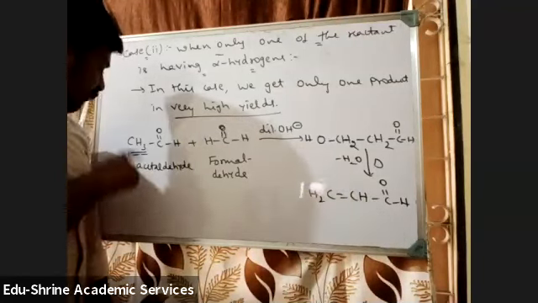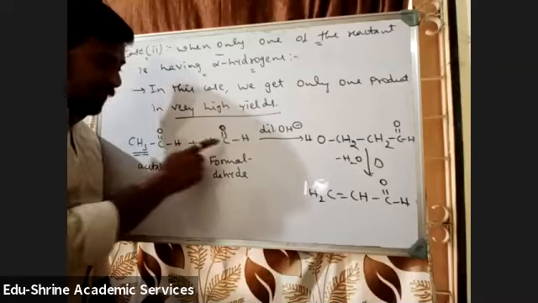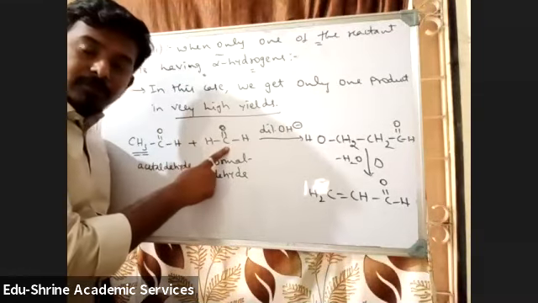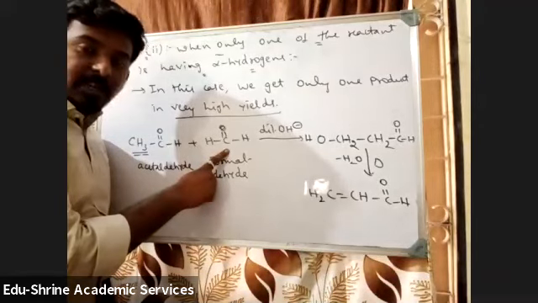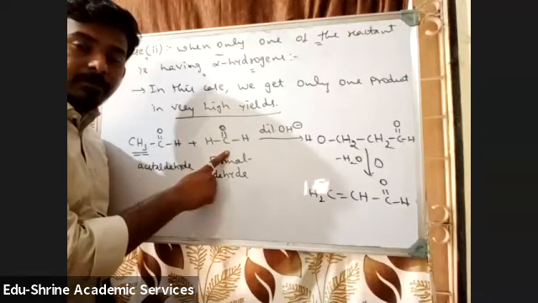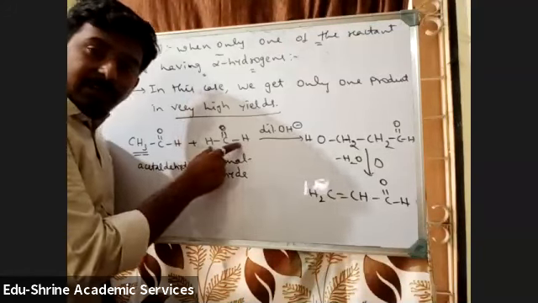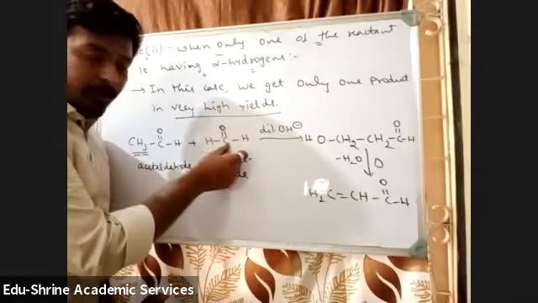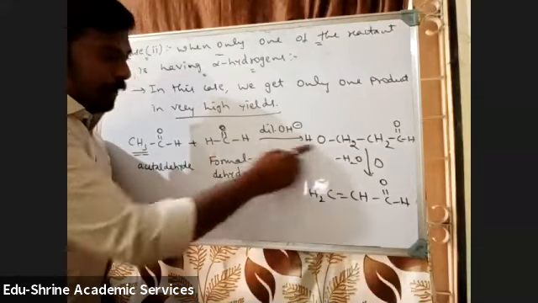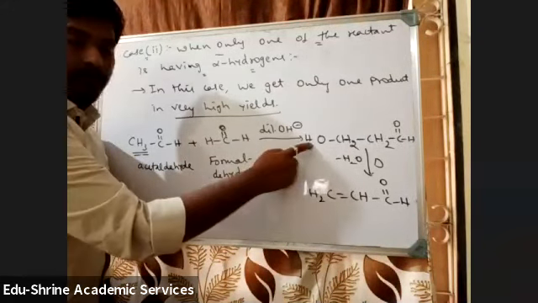See, when negative charge is formed here, this must be converted to OH. Correct or wrong? If this has to get converted to OH, then there will be a carbon containing 2 hydrogens and OH.